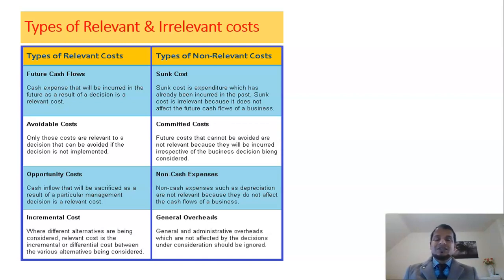Opportunity cost means what? The benefit lost from choosing an alternative option. For example, you have two options to choose from. You have some money, and you can invest in a business, or you can deposit the money in your bank account. You have to choose one.